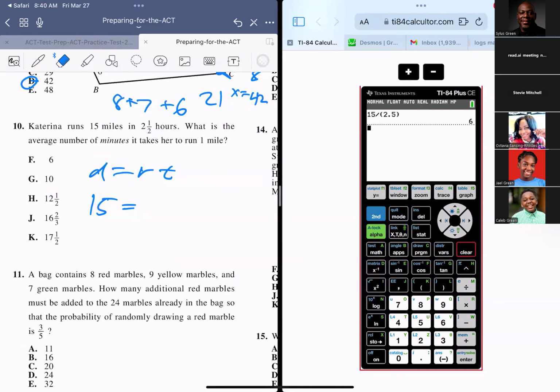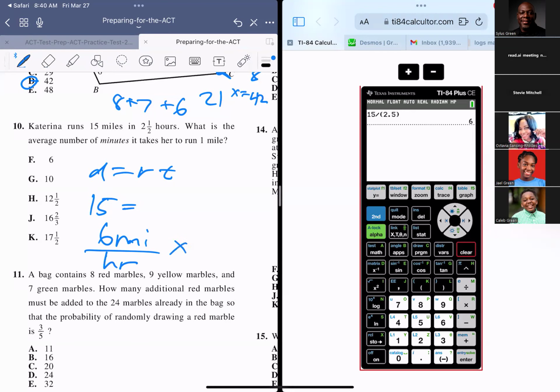Katarina runs 15 miles in 2.5 hours. What's the average number of minutes? Did I convert it to minutes?